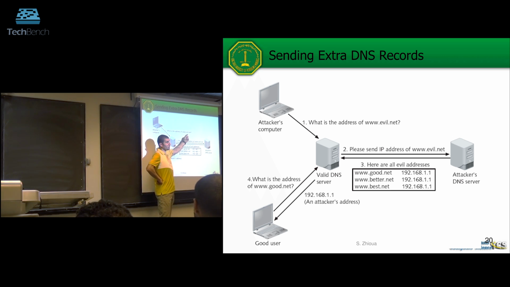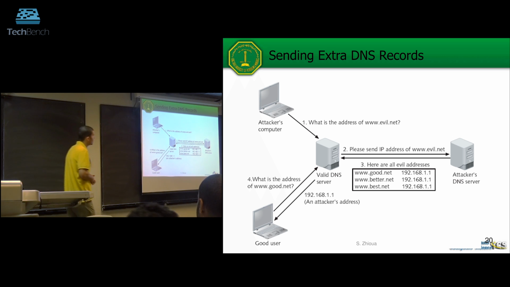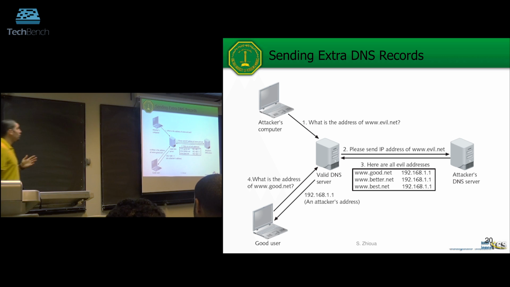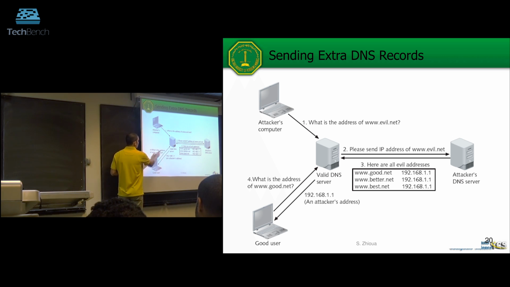You see? It's a complete scenario. It's a different target address, but in the end it will poison the other. The goal here is to make this user believe that the IP of good.net is that malicious one.